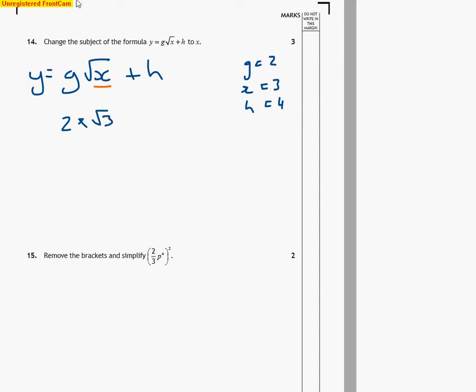Let's make it 25. So we do 2 times root 25 plus 4, so we do 2 times 5 plus 4. The 2 times 5 is 10, plus the 4 is 14.